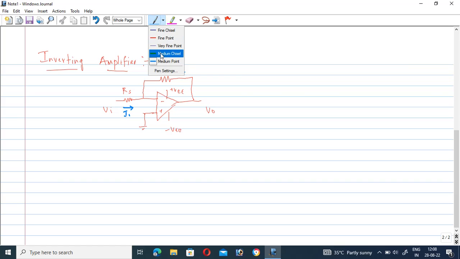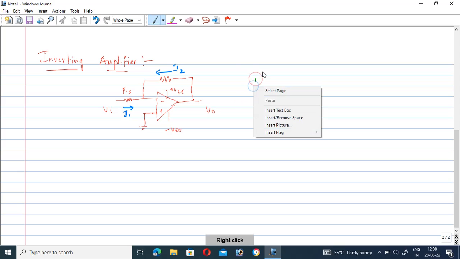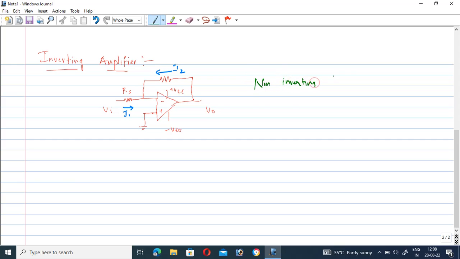Now, we know that the non-inverting terminal is at zero potential. So this is zero, and this is also zero. From this we can write the KCL equation.